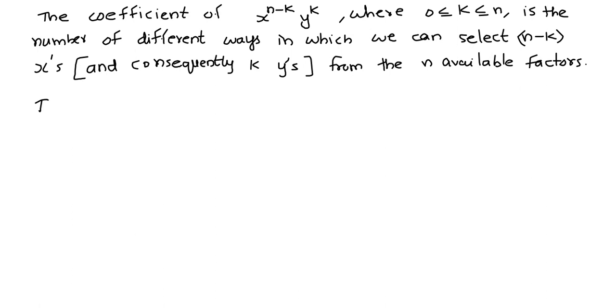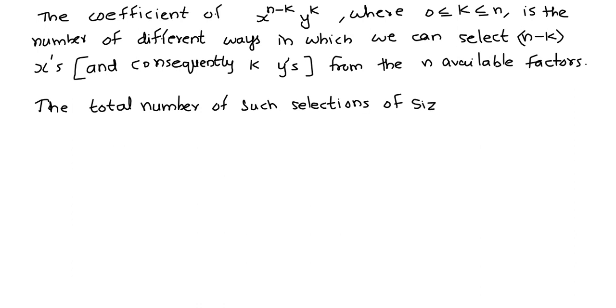The total number of such selections of size k from a collection of size n is equal to nCk.